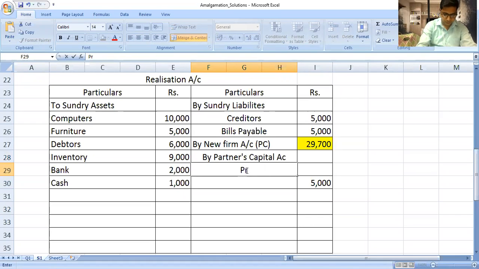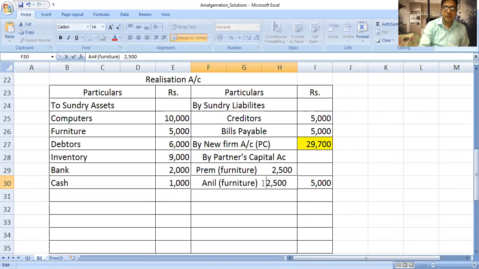Prem has taken over furniture, and we will put the value 2,500. I hope you understood. Then Anil also takes furniture, and we put the value 2,500.